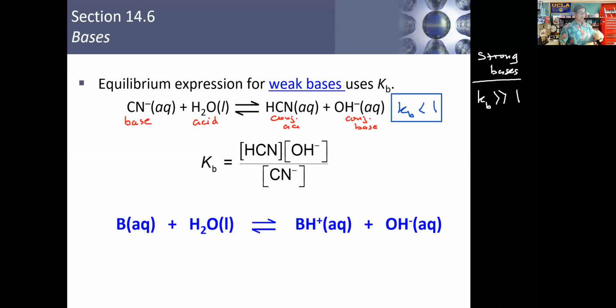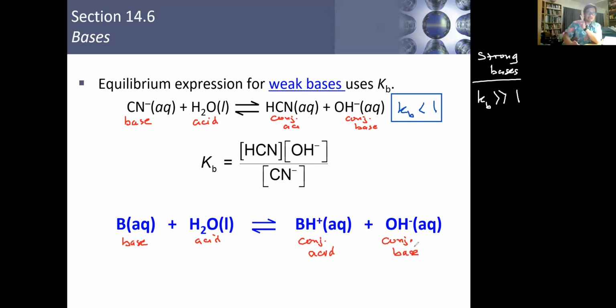B is going to be the base. The base here is going to accept a proton from water to form the conjugate acid, the generic formula for any generic acid. And it will form hydroxide, which is considered the conjugate base.